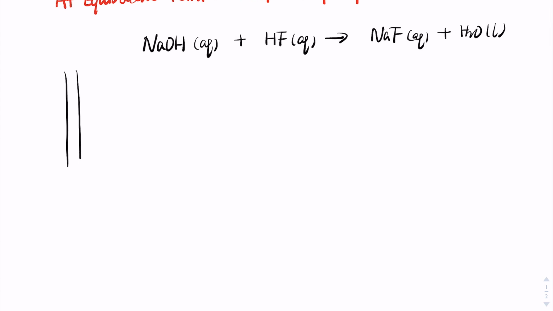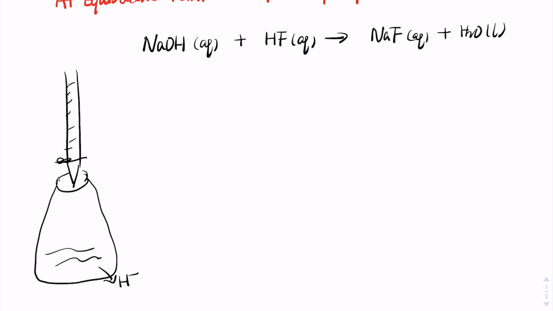You have the burette, and then your Erlenmeyer flask. Inside here you have your HF, and you're titrating with NaOH. One more time, at this moment you add a quantity of the NaOH, which neutralizes the HF.